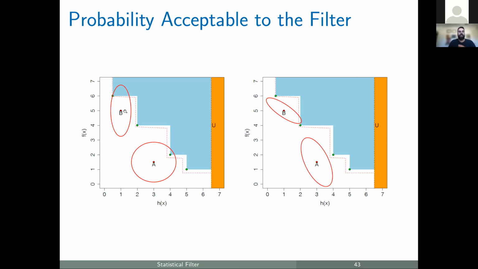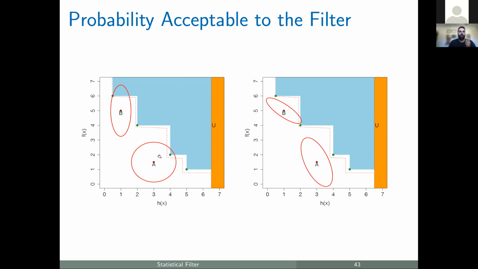We can predict where B and A will fall, and then have some sort of probability ellipse around those points. Because they're normal distributions, these things are nice and easy to calculate. It's just an ellipsoid whose area you can easily calculate. The point is we're using those normal distributions to come up with an uncertainty ellipse.